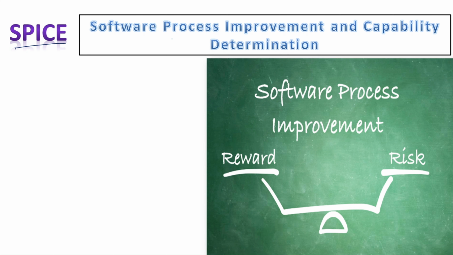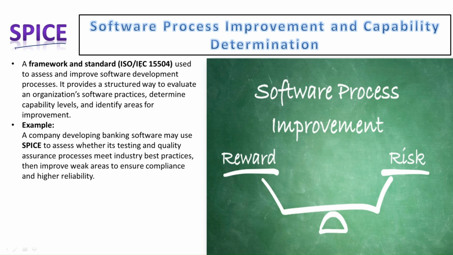SPICE, that is Software Process Improvement and Capability Determination. So SPICE is a framework and standard of ISO/IEC 15504 used to assess and improve software development processes. It provides a structured way to evaluate an organization's software practices, determine capability levels, and identify areas for improvement.